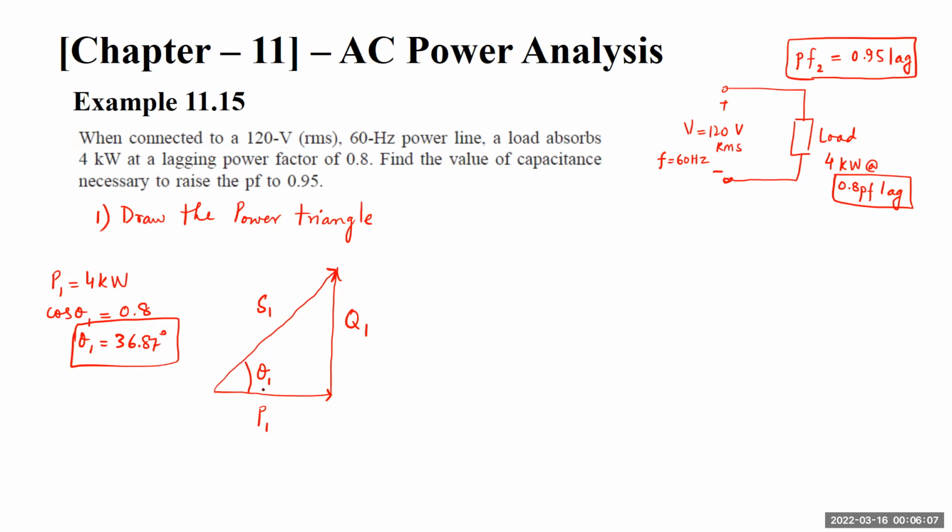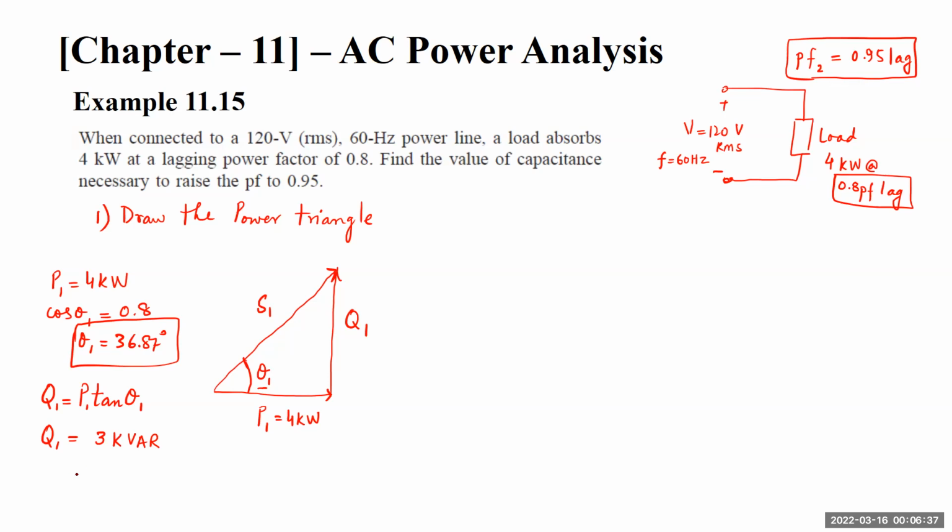We have this angle theta1 and this is 4 kilowatts, so we can easily find Q1. Q1 is P1 times tangent of theta1. So if we multiply it, my Q1 value comes out to be 3 kVAR, kilo volt ampere reactive.